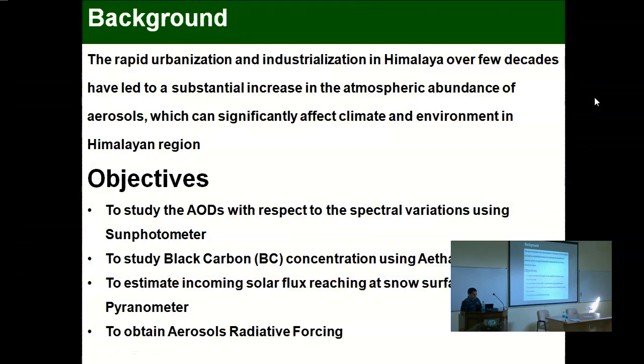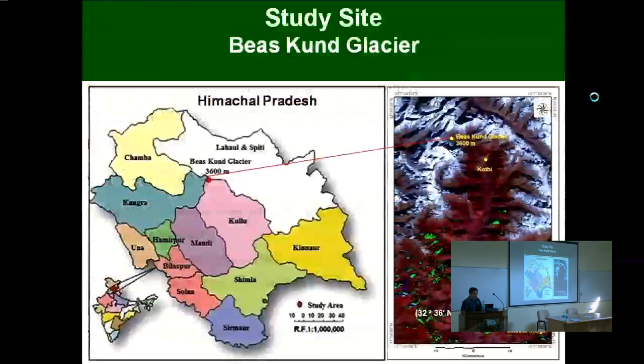The objectives of the study are to study the AOD with respect to spectral variation using sun photometers, to study black carbon concentration using aethalometers, to estimate incoming solar flux reaching the snow surface using pyranometers, and to obtain aerosol radiative forcing. For this study, you can see the geographical location of the Beas glaciers, which is on the north side of Zemu Valley.